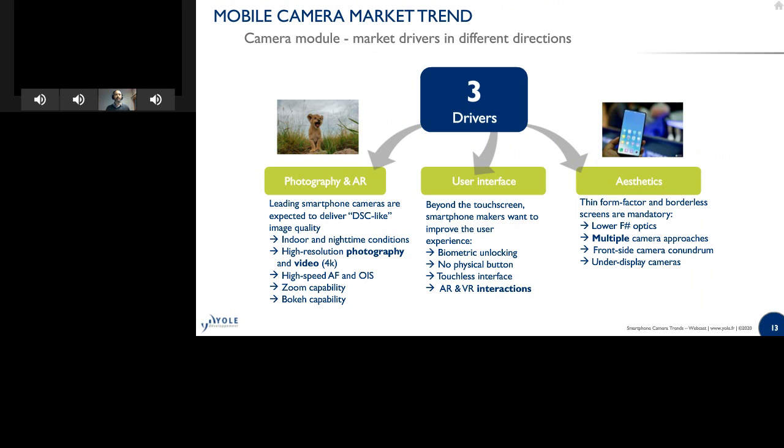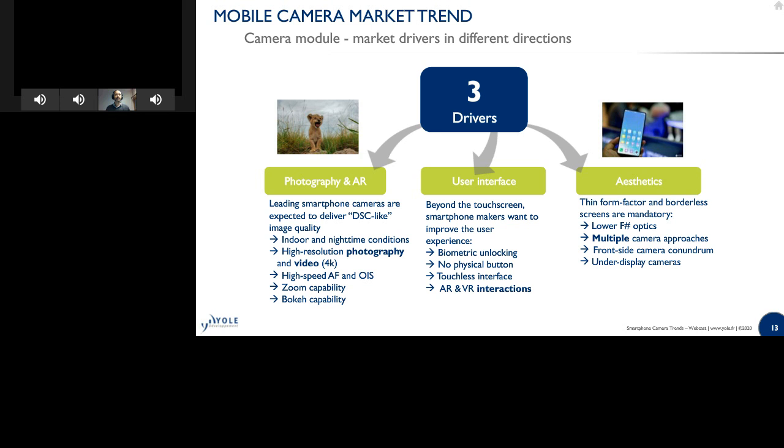So this market is really performance driven. We have not gone back to the old days where it was really cost driven, between 2000 and 2005. Now we are really performance driven, and the key driver is to improve photography image quality.